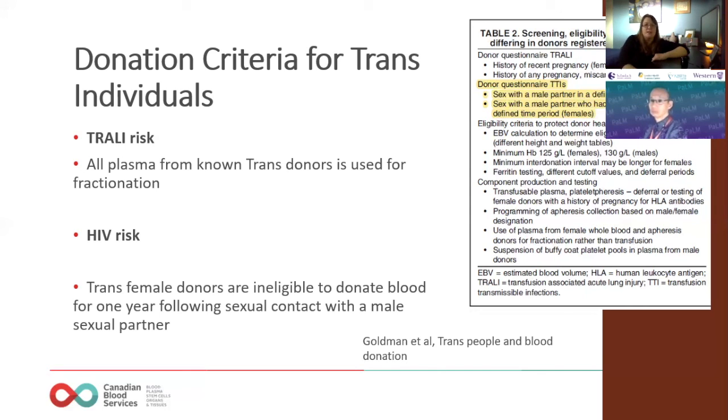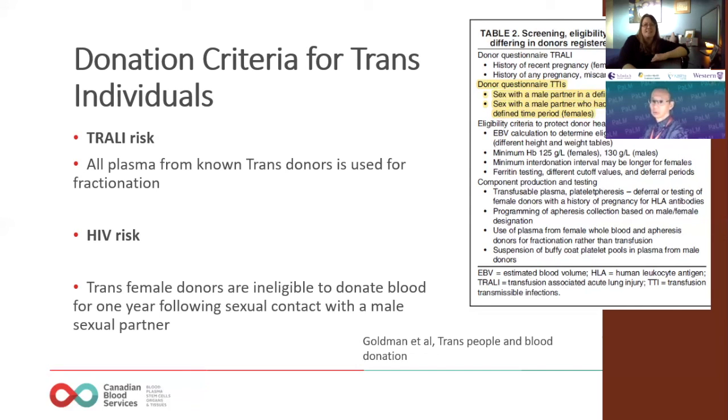And the second consideration is HIV risk. So there is little information available on the risk of HIV in trans individuals in Canada. And this is because, unfortunately, trans individuals are not included in a separate risk category by the Public Health Agency of Canada in their annual reports on HIV and AIDS.